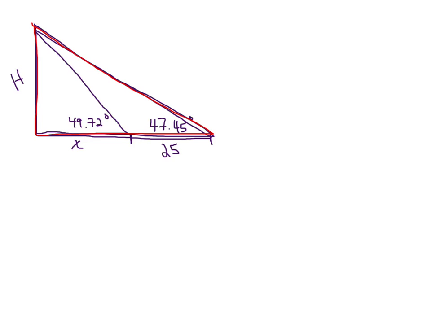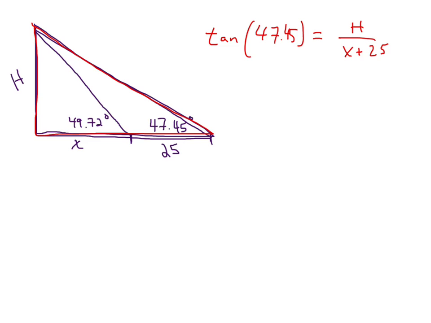And in that larger outer triangle, we have the relationship between the angle measure, the height of the waterfall, and the total base as tangent of that angle, 47.45, equals h over x plus 25.